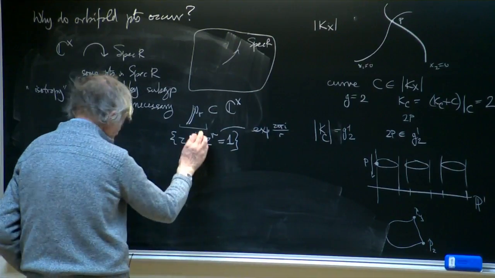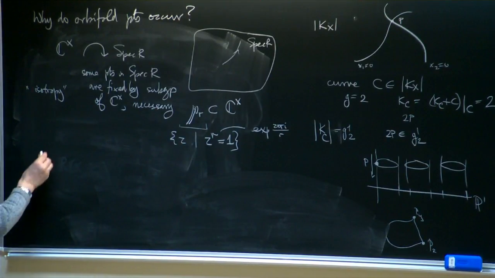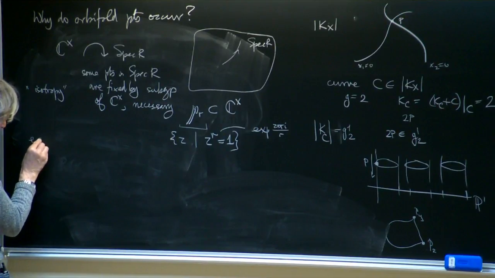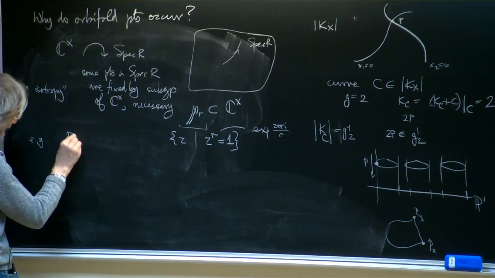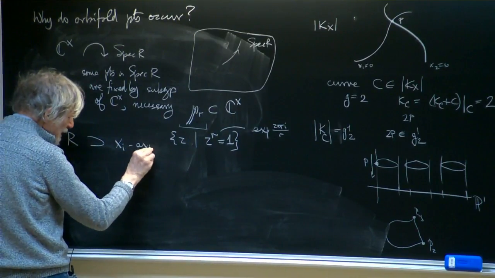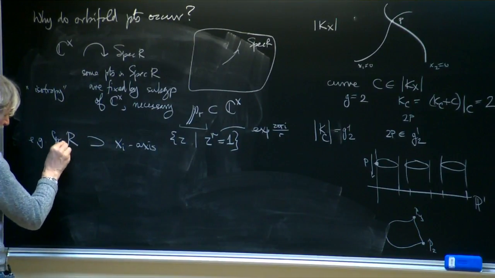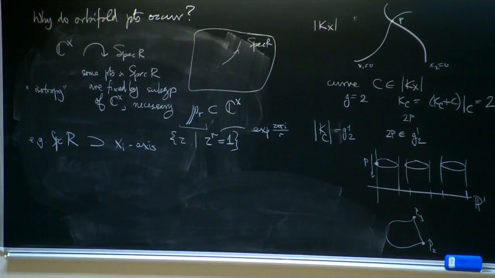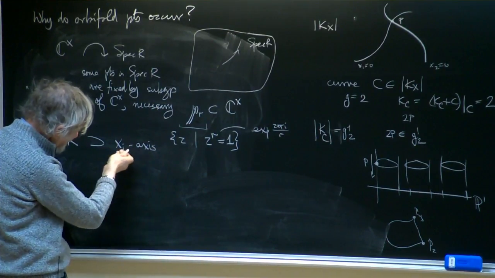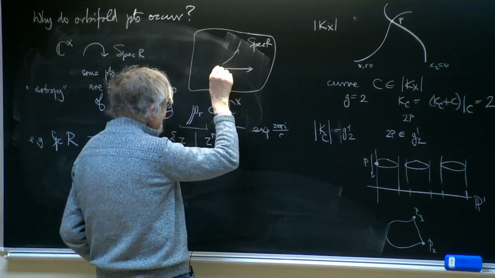And this is only cyclic orbifold behavior. Let me say, for example, that spec R contains the x_i axis. It might happen that all of the equations I write down vanish along the x_i axis. So the x_i axis is like this.